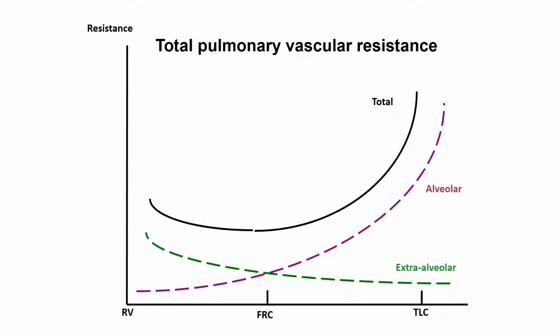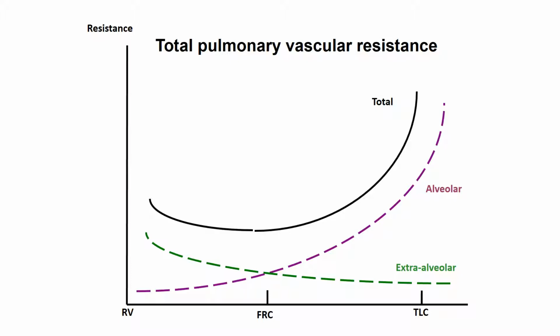When we talk about total pulmonary vascular resistance, FRC is also an important milestone. The pulmonary vascular resistance refers to the vascular resistance in the pulmonary circulation. Blood vessels in the alveolar areas increase in resistance with increasing lung volumes, as is seen in the purple curve.